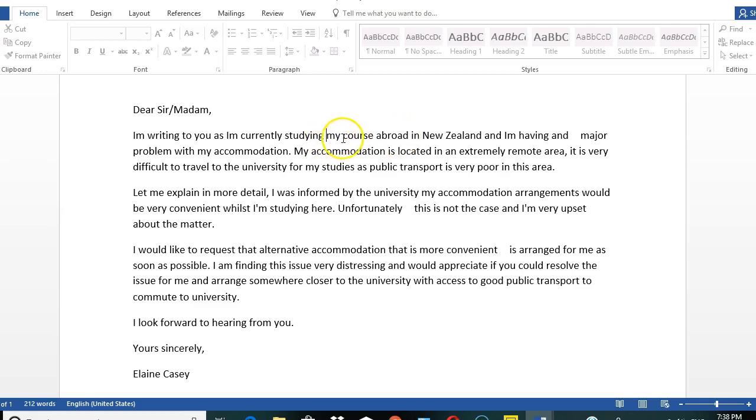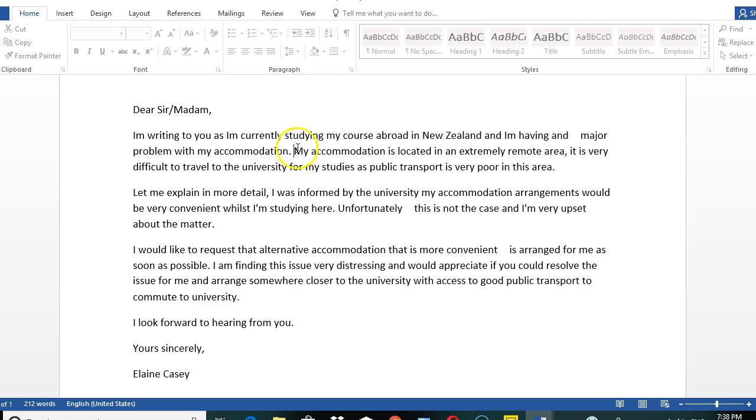You don't study your course, you are studying in a course, or you're currently enrolled in a course abroad in New Zealand, and I'm having, apostrophe, having a major problem, not and, probably a major problem with my accommodation.